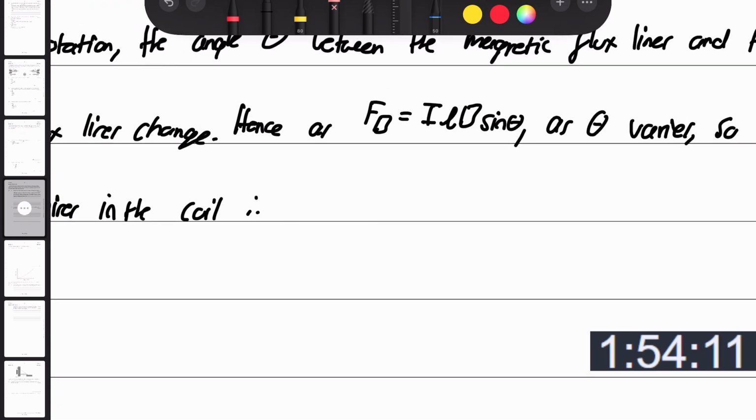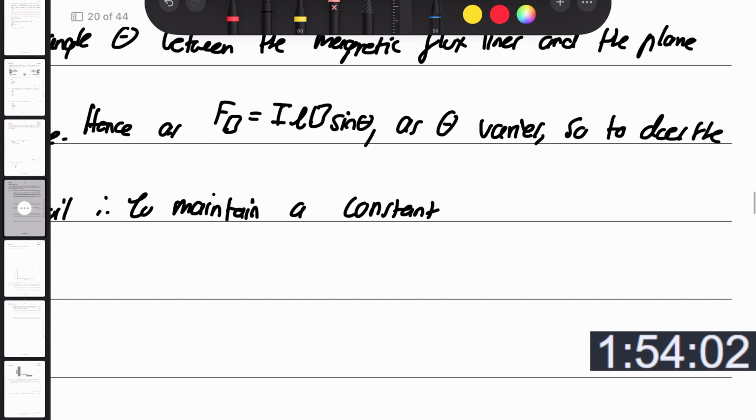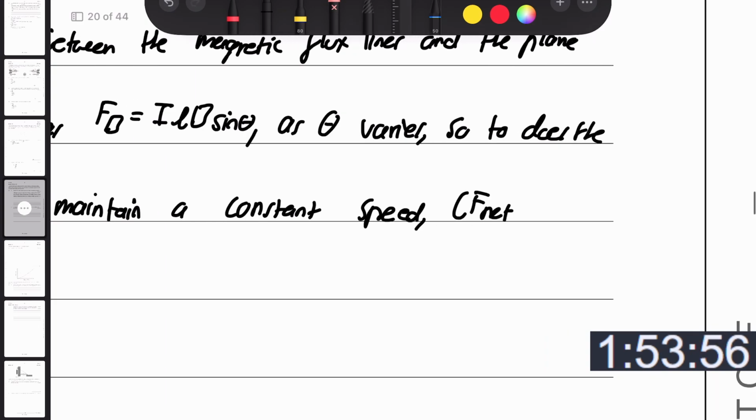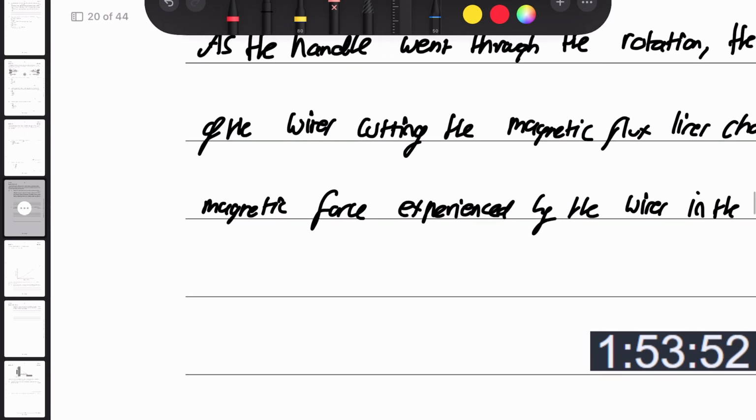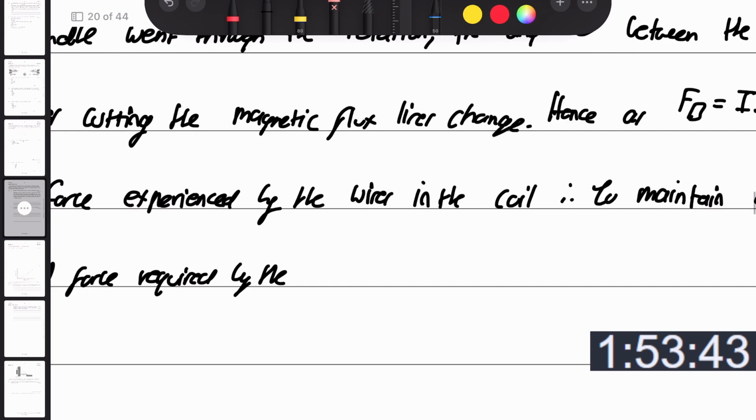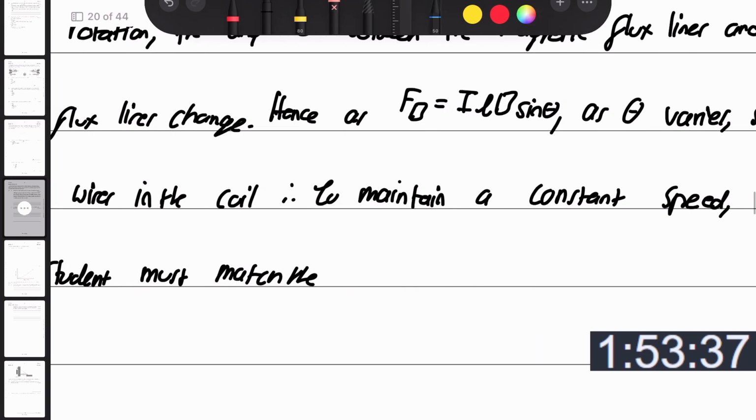Therefore, to maintain a constant speed of F net equals 0, the required applied force must match the varying magnetic force.